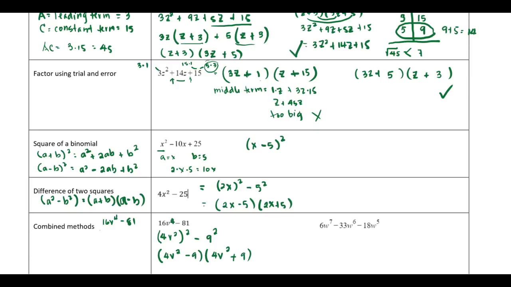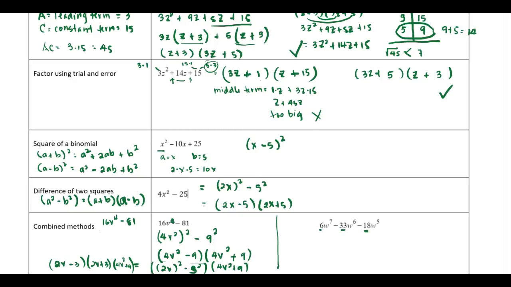However, I'm not done yet because the first factor is actually another difference of two squares, namely 2b minus 3 times 2b plus 3, squared.